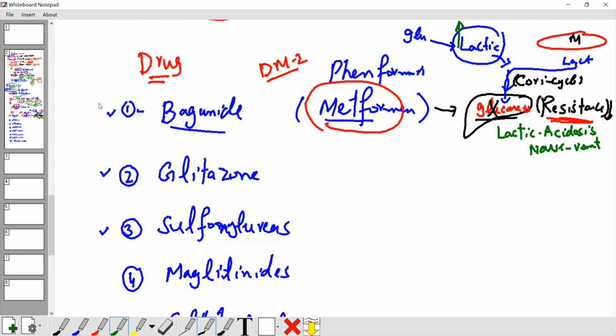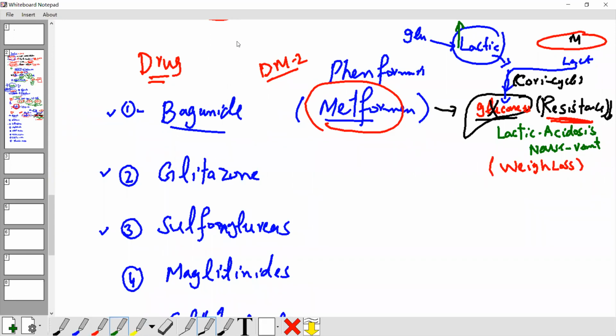The problem was resistance. On carbohydrate, insulin is not working. You use metformin, and metformin also disrupts lipid metabolism and helps to lose weight. Weight loss, okay? It's a very important effect.